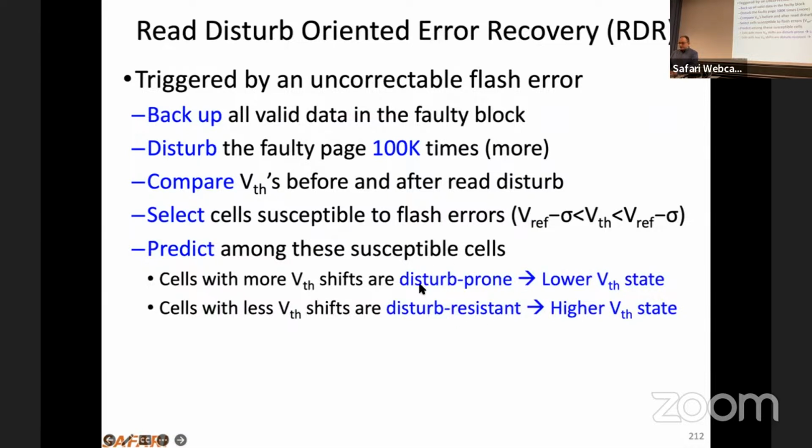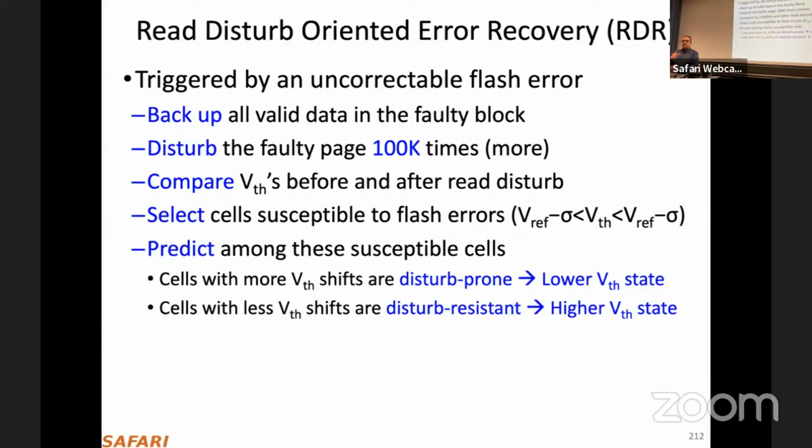Those that are disturb prone have lower threshold voltage state. Cells with more threshold voltage shift are disturb prone, meaning that their initial threshold state should be much lower than what we already have.